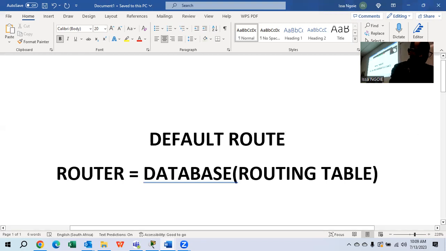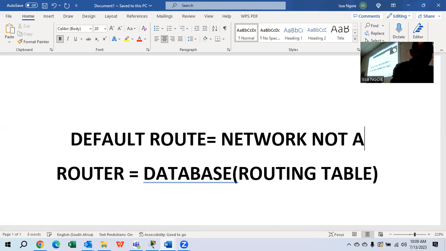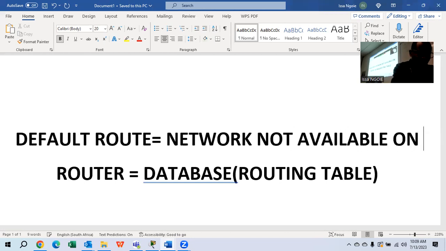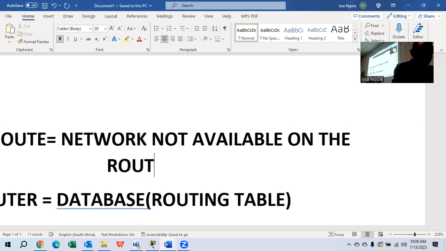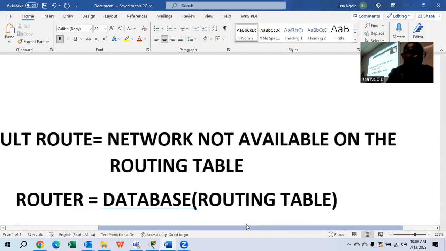Network not available on the routing table. This is the whole like idea.